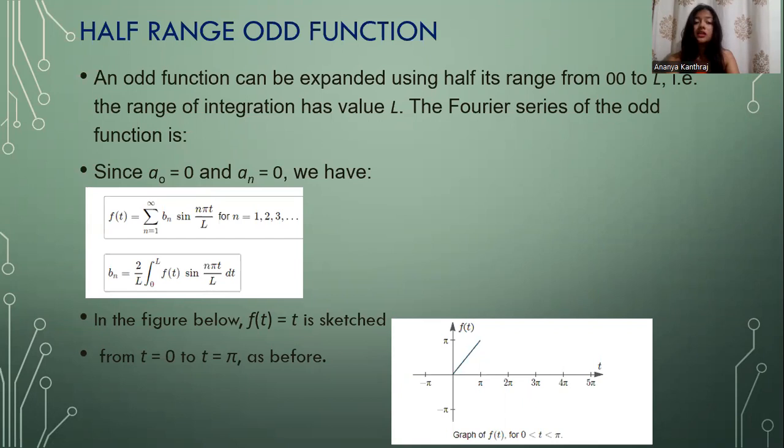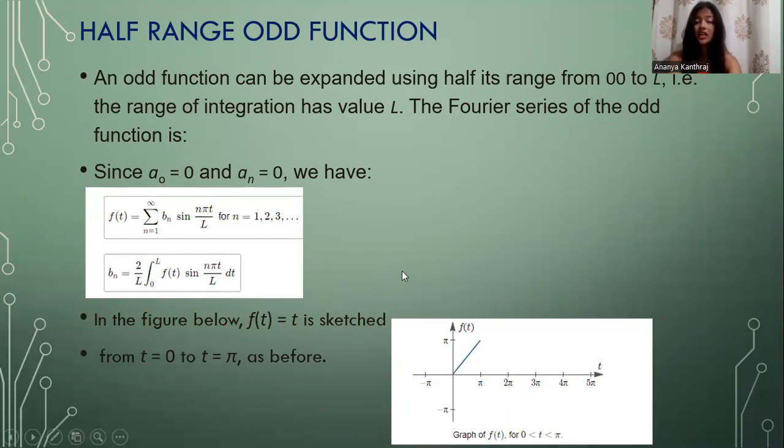Whereas b n in the sum is given as 2 by L into integration from 0 to L f of t into sine of n pi t by L into dt. So in the figure below, f of t is equal to t. It is sketched as shown here in the graphical representation. For any value of t for the function mentioned, you can get the value as t itself.